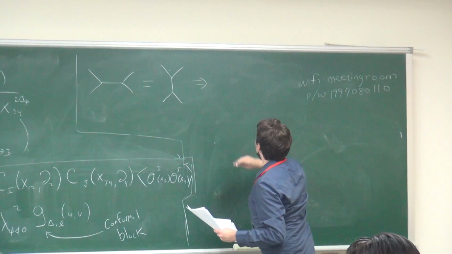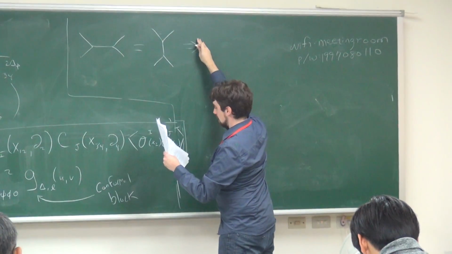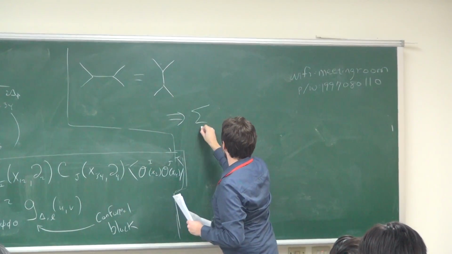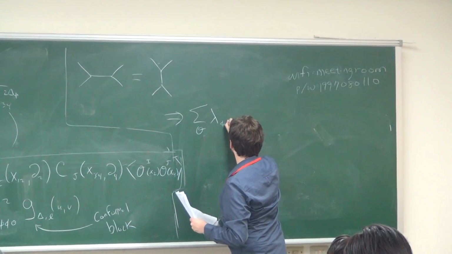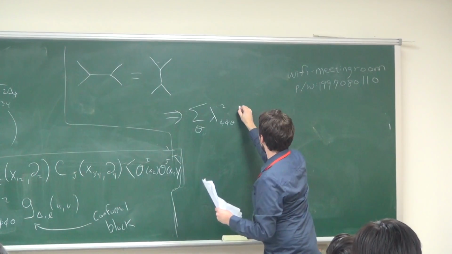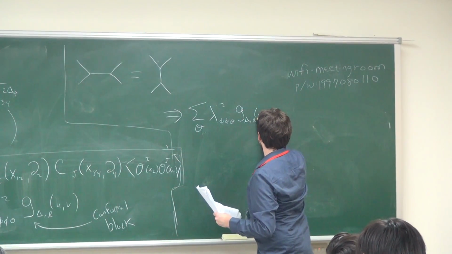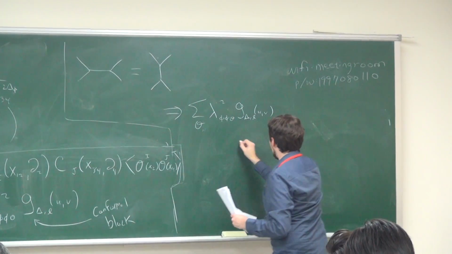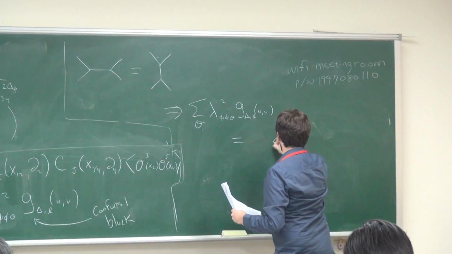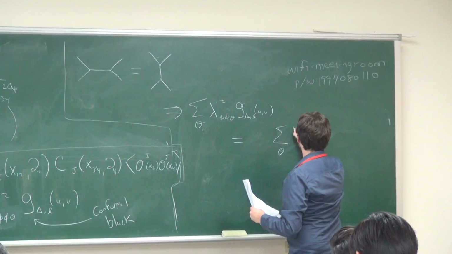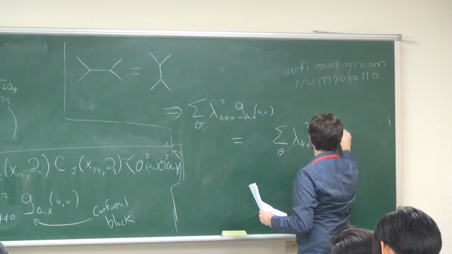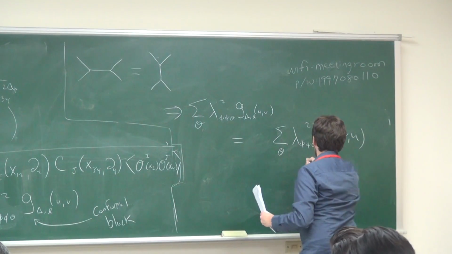Or in equations, down here, I get a sum over O of λ_φφO squared G(u, v) has to equal an expansion over O of λ_φφO squared times G(v, u).